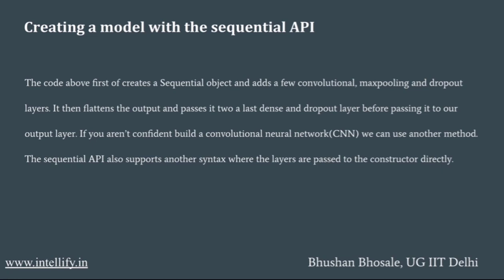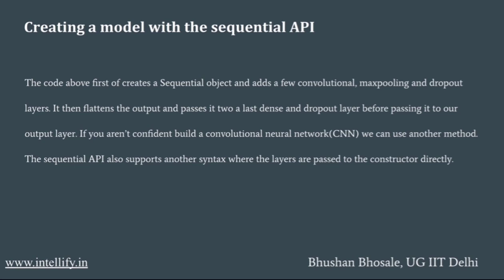The code above creates a sequential object and adds a few convolutional, max pooling and dropout layers. It then flattens the output and passes it to the last dense and dropout layer before passing it to our output layer. If you aren't confident building a convolutional neural network this way, we can use another method.